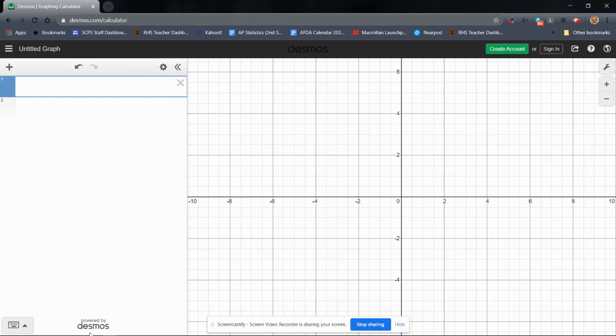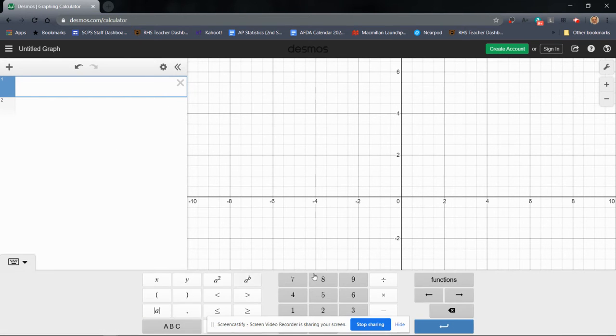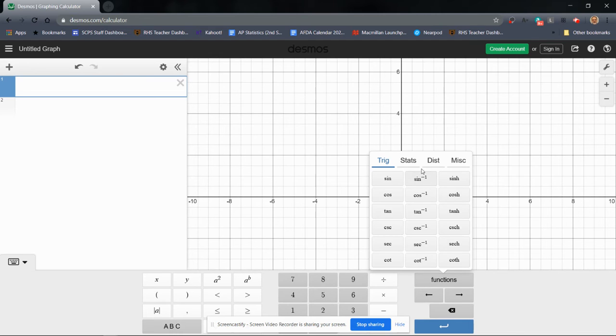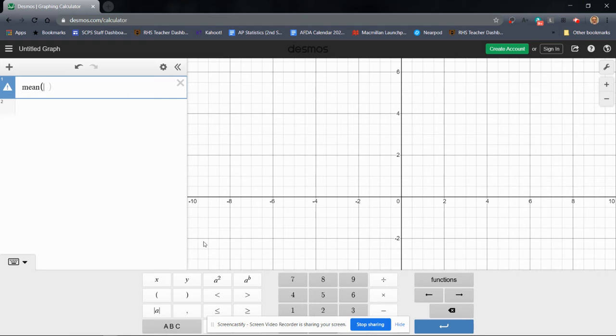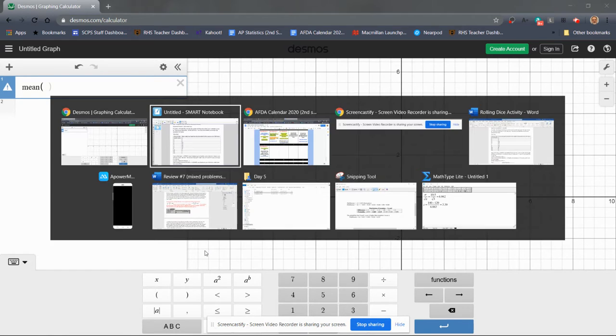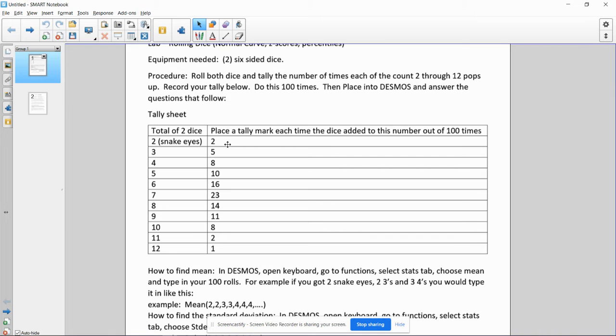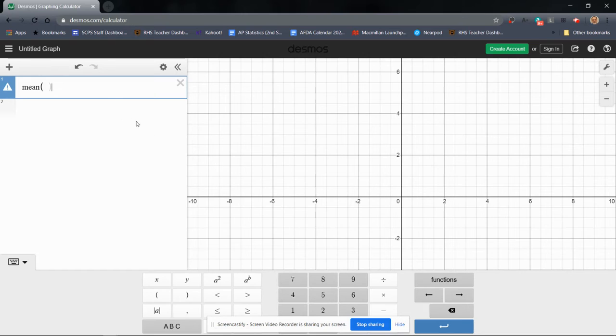Okay, so if we go to Desmos and down to the keyboard, functions, stats, and we open up the mean, we're going to have to put those numbers in. Now, the way you put those numbers in is you got 2 2s, 3 5s, 4 8s.